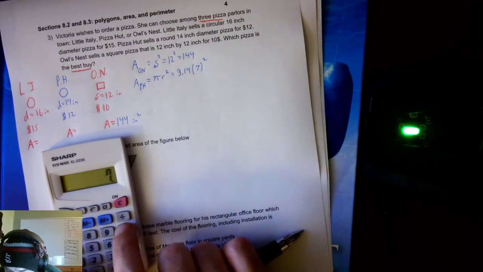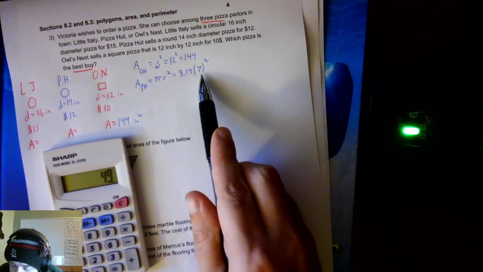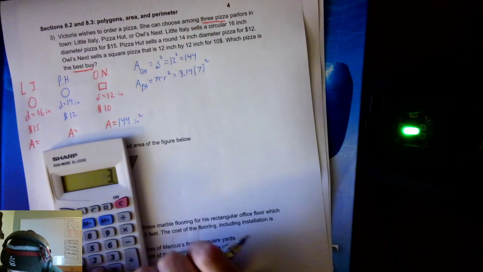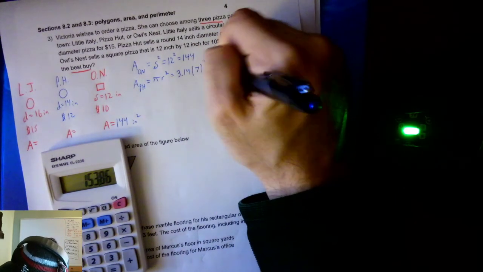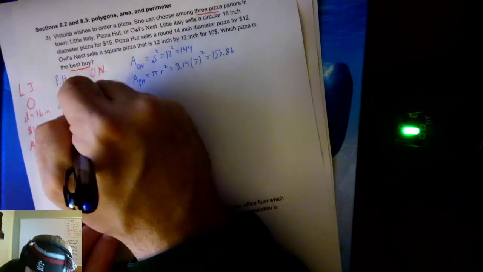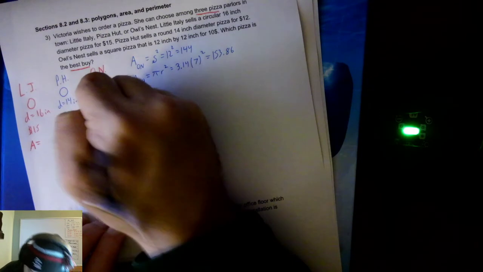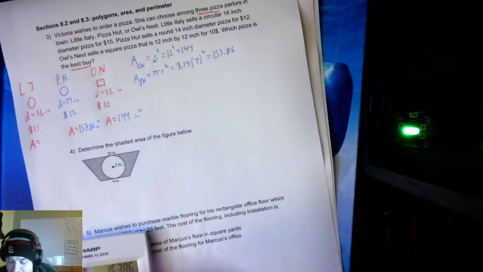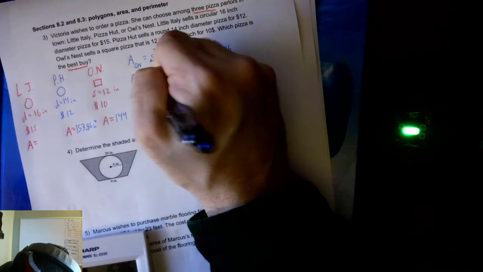We got to do exponents first, right? 7 times 7 gives me 49. And then I'll multiply that by 3.14, right? I'm just plugging in my values. Gives me 153.86 inches squared.